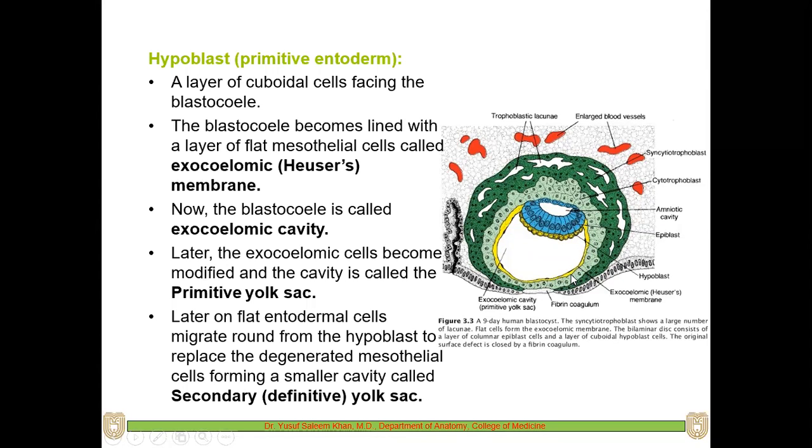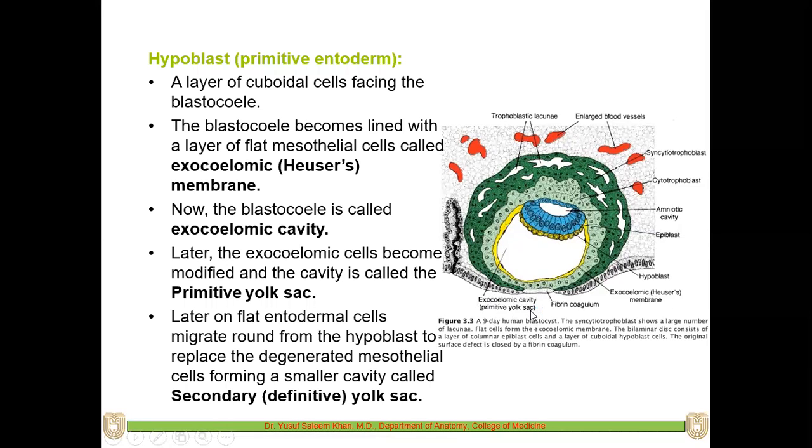This layer is called the exocoelomic membrane, also called Heuser's membrane. Heuser is the scientist who found it. Now the blastocele is no longer called a blastocele because it is lined by the exocoelomic membrane. So this cavity is called the exocoelomic cavity, or the primary yolk sac.